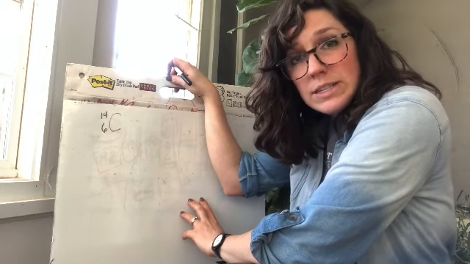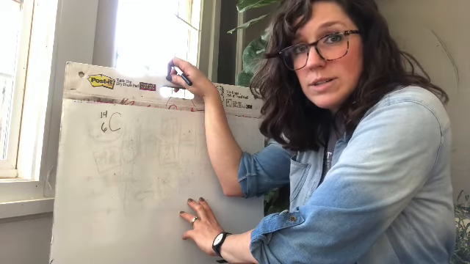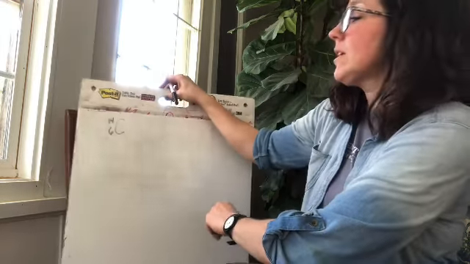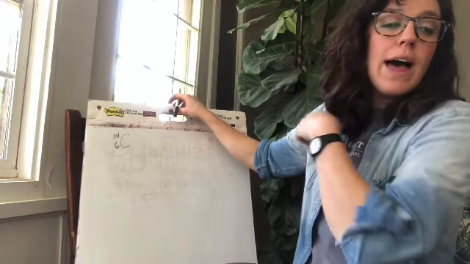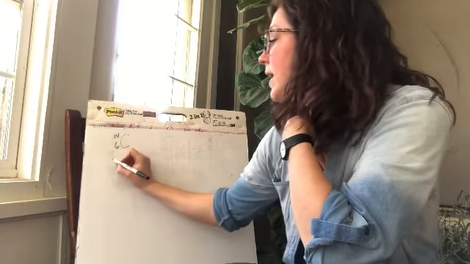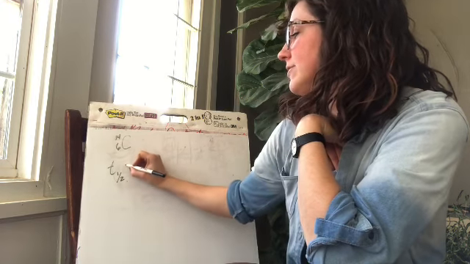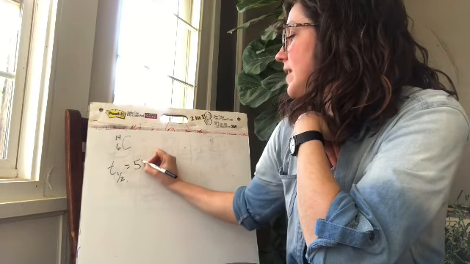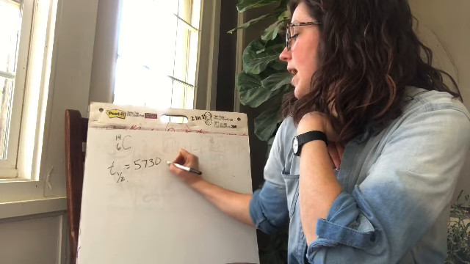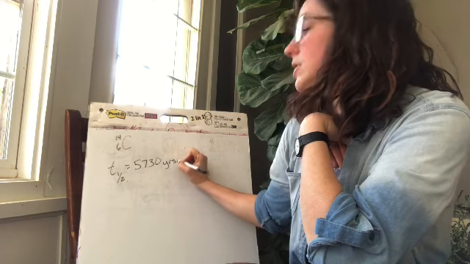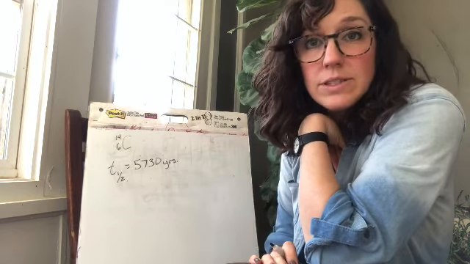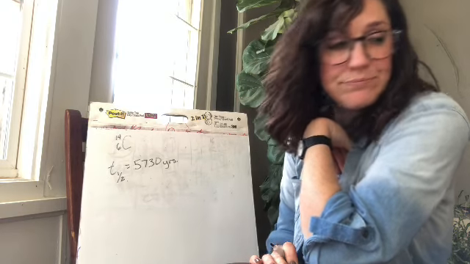However, in carbon-14, you have 8 neutrons, 6 protons. For the half-life, which we write as lowercase t subscript half, is equal to 5,730 years. Essentially, this stuff is not going anywhere quickly.